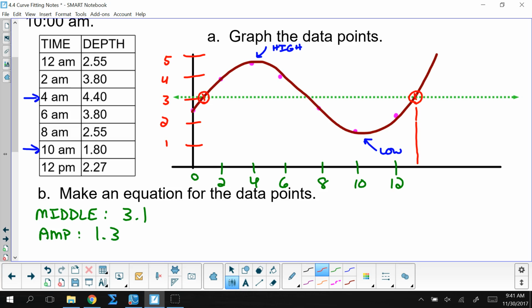Okay. Is there another way to find the period? So, from the high to the low, that's half a period.